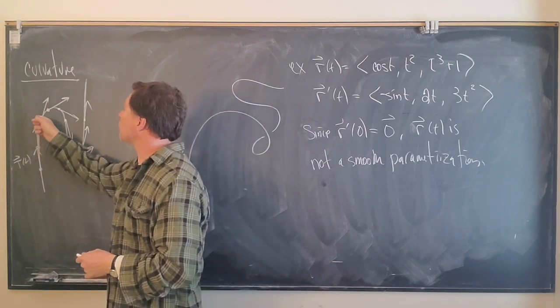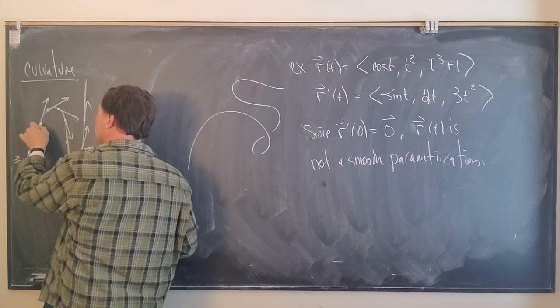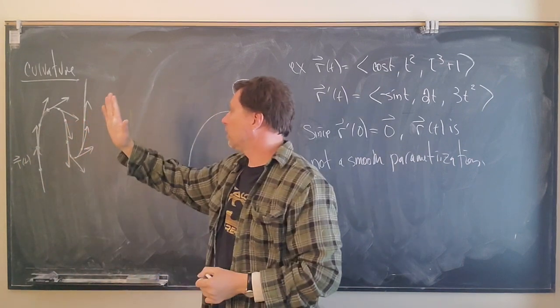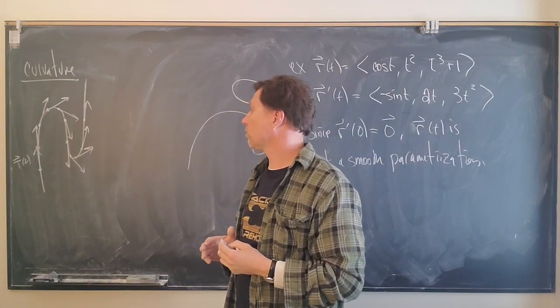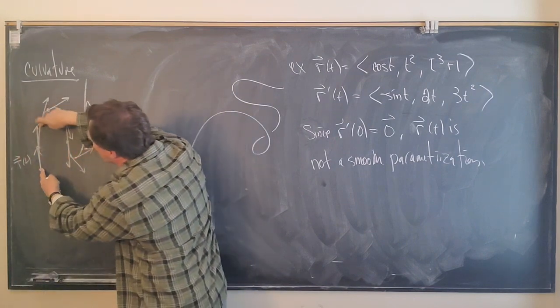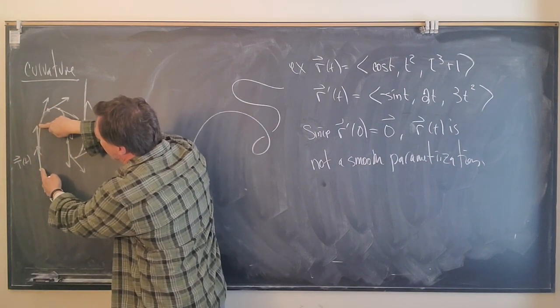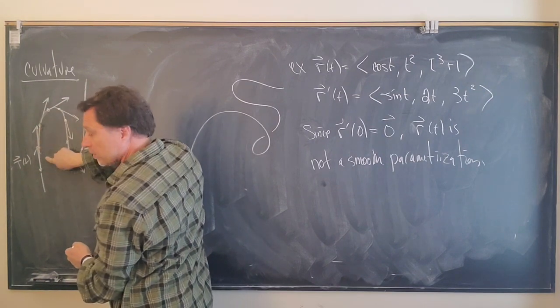However, as we start to go around the curve, when we travel even a little bit, the direction of the unit tangent vector changes a lot. So notice from here to here, the direction of the unit tangent vector is nearly the same, very little change over this amount of arc length.